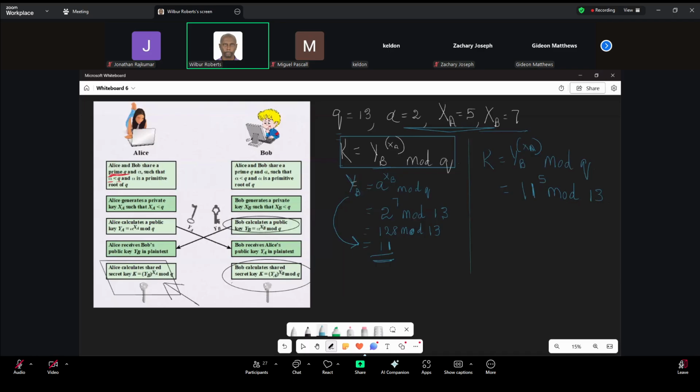Good? And 11 to the power of 5, what did I get again? 161,051. Sorry, 11 to the power of 5 is 161,051 mod 13. Modulo is the remainder. So the remainder when we work that out is 11.